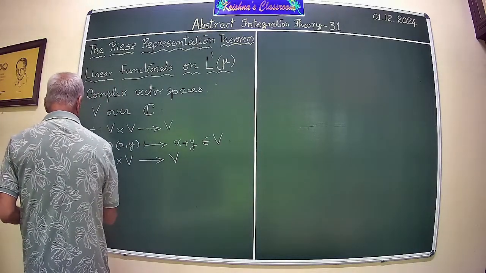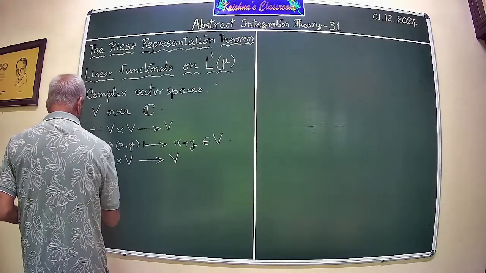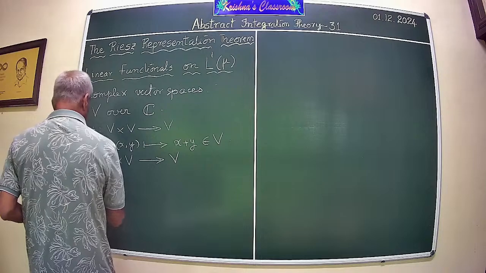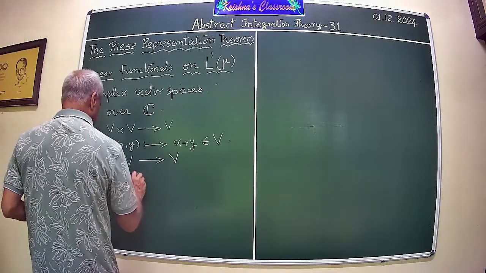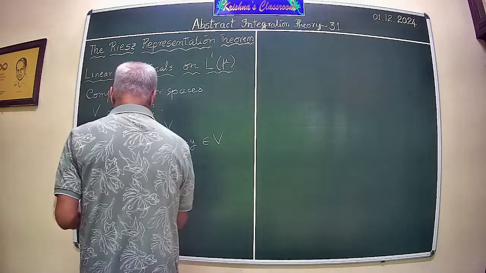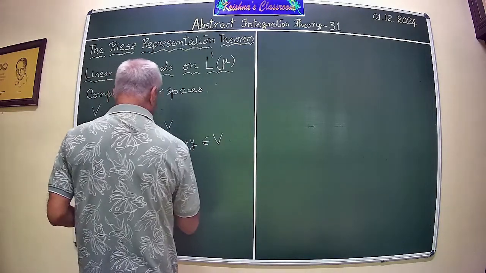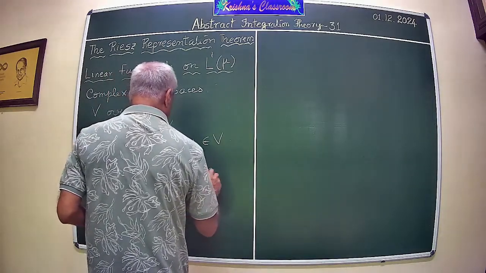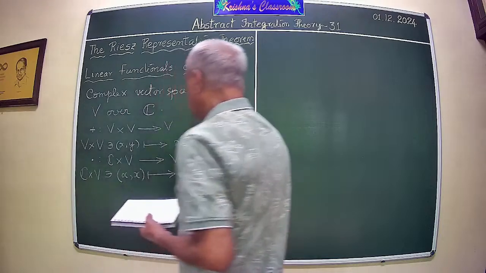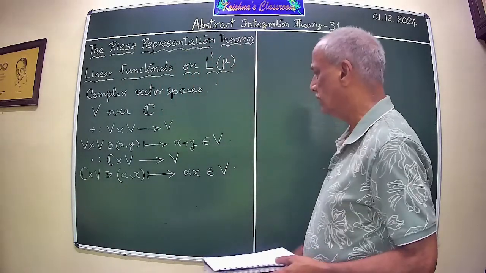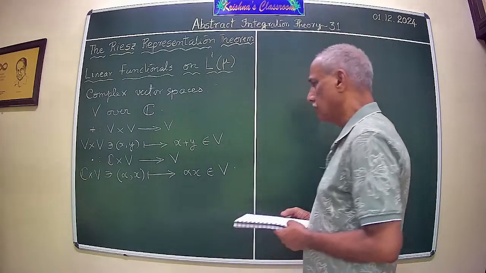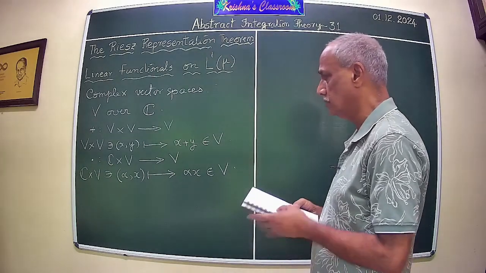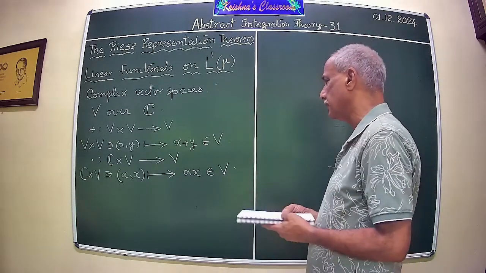Again, C cross V, (alpha, x), getting mapped to the element alpha x belonging to V. This is the scalar multiplication.